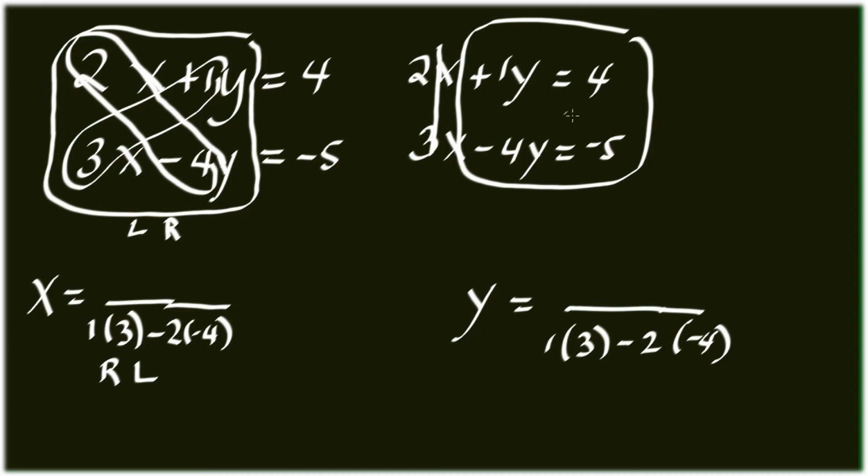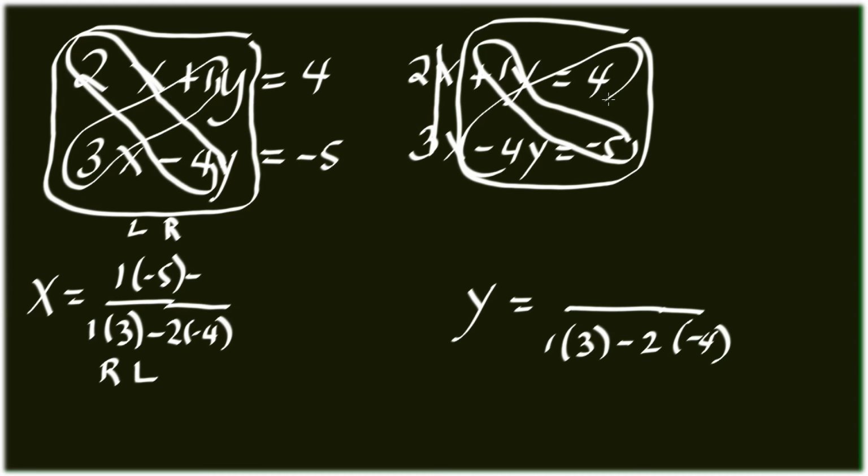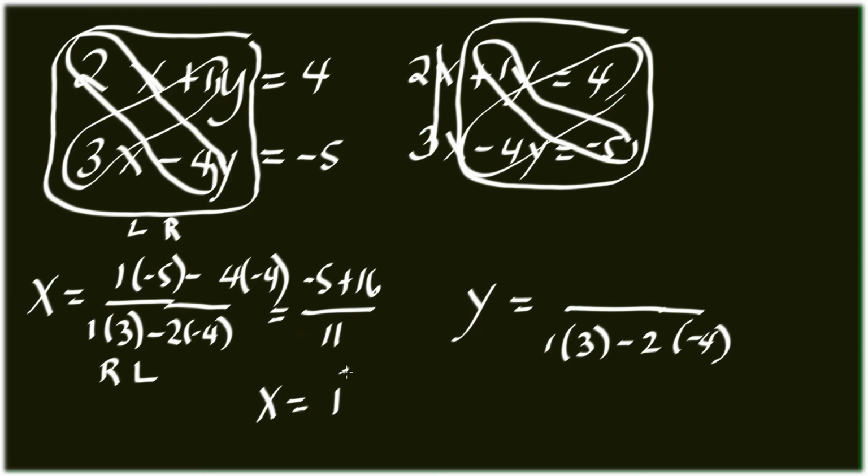Direction is left to right. Left diagonal is going to be 1 times negative 5, minus the right diagonal product, 4 times negative 4. Simplifying, that's negative 5 plus 16 over 3 plus 8, which is 11. Now 16 minus 5 is 11, over 11 is going to be 1.